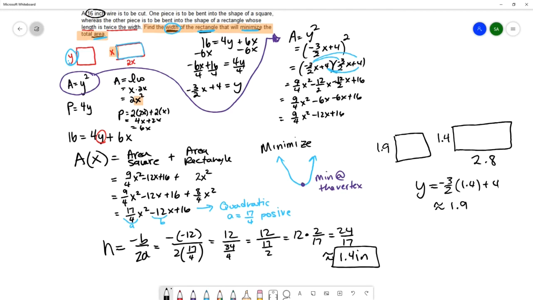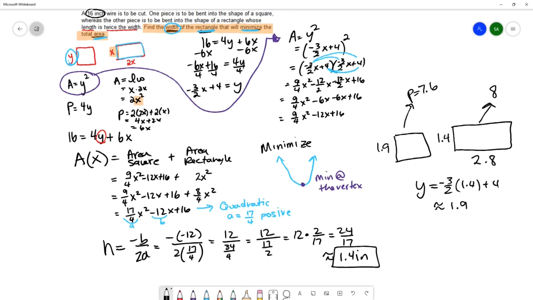So I just wanted to add up the sides here to see if it got close to the 16 inches that we were supposed to have. So 1.9 times 4 sides. The perimeter of that is approximately 7.6. And for the rectangle, we would have 1.4 times 2 plus 2.8 times 2.